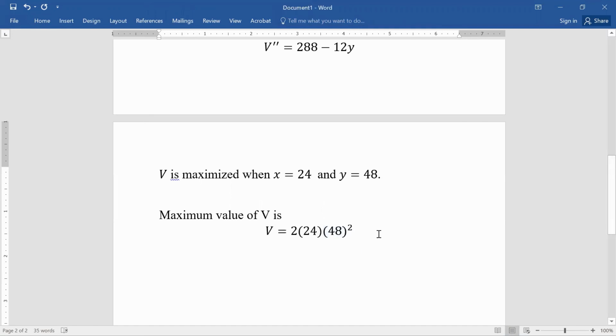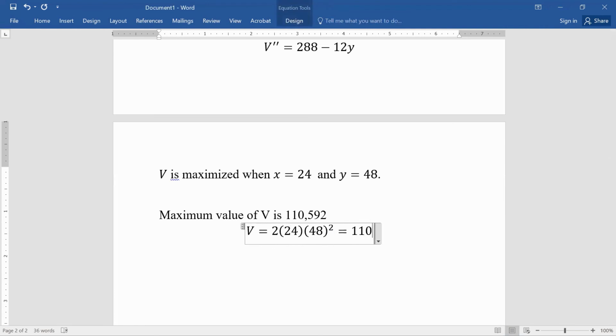When we do that, 2 times 24 times 48 squared gives me 110,592. The maximum value of V is 110,592, and that happens when x is 24 and y is 48.